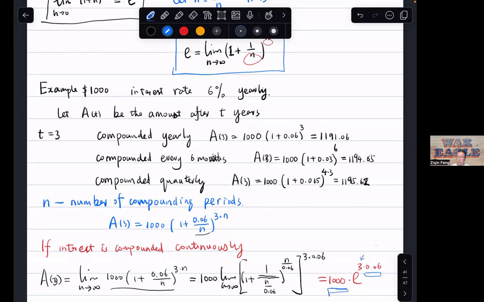So you can substitute in this our yearly interest rate, this the number of years, this the starting balance. So that's one application of the irrational number in economics.